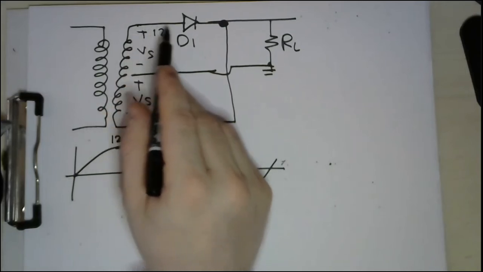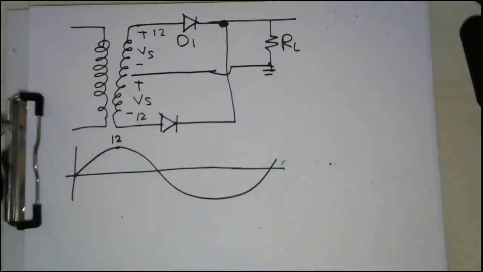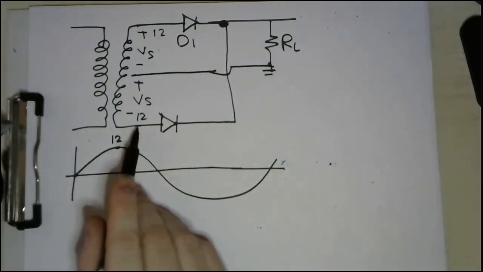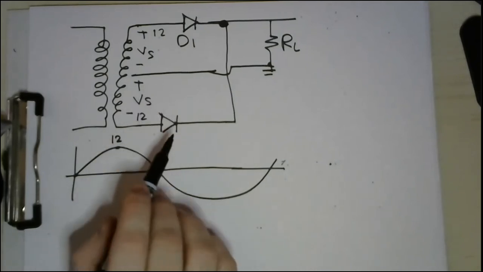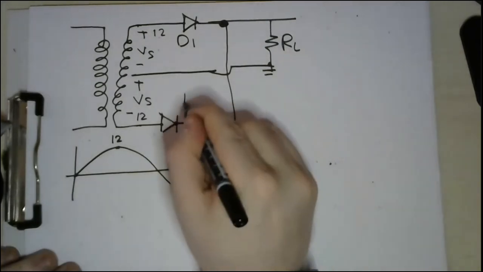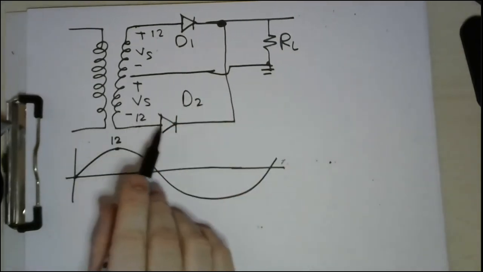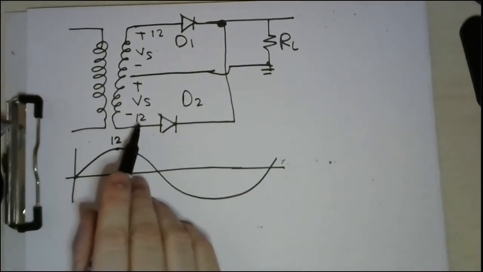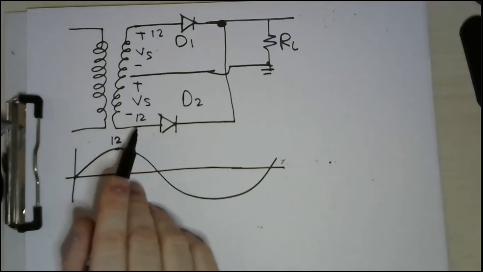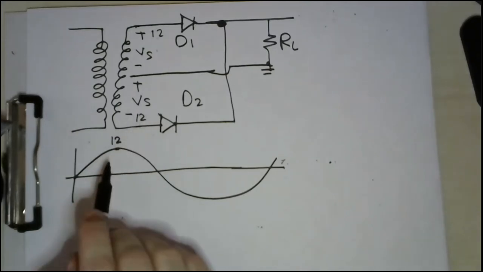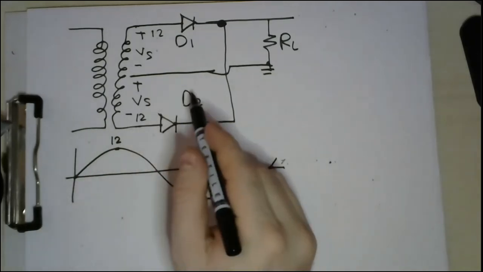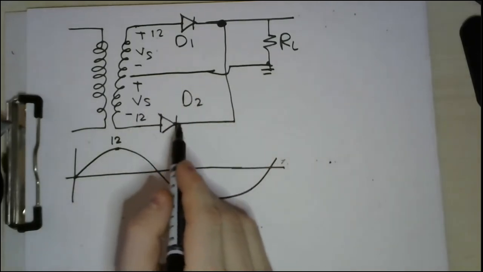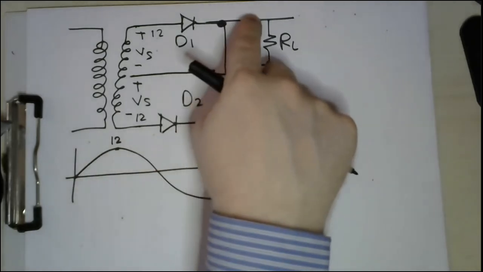Accordingly, of course, this diode will be forward biased. However, your D2 diode, the anode of D2 will be connected to a negative 12. So it will be reverse biased. Accordingly, you can skip this diode. This will be an open circuit, so this wire no longer exists.